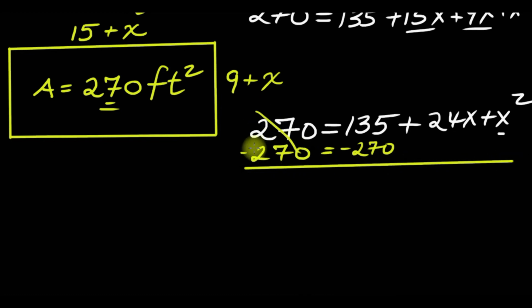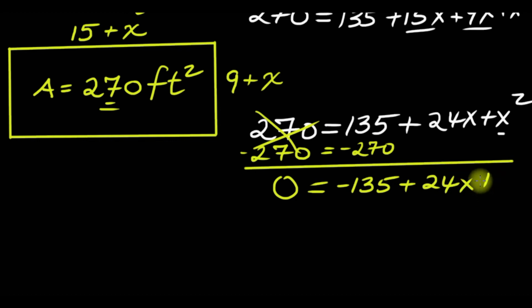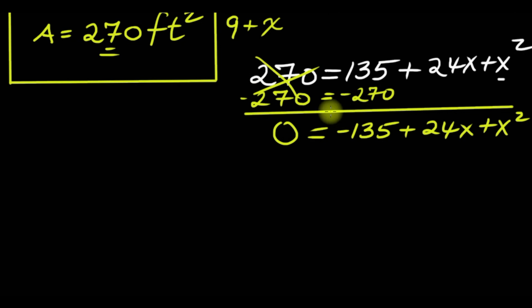So this whole thing is 0. 135 minus 270 is going to give me negative 135 plus 24x plus x squared. And this cannot be solved by factoring. So I'm going to use the quadratic formula to find out what x is.